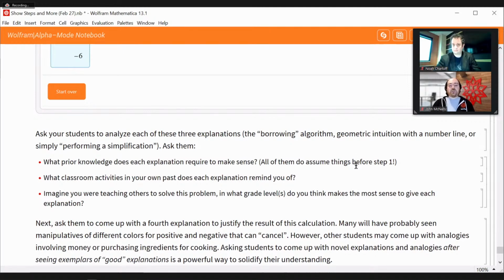And then what they're going to do is connect their past experiences where they remember hearing some of these explanations, but they might not have seen all of them, because again, the key is that they're all coming with different prior experiences that are going to really affect the way they're able to synthesize new knowledge, right?